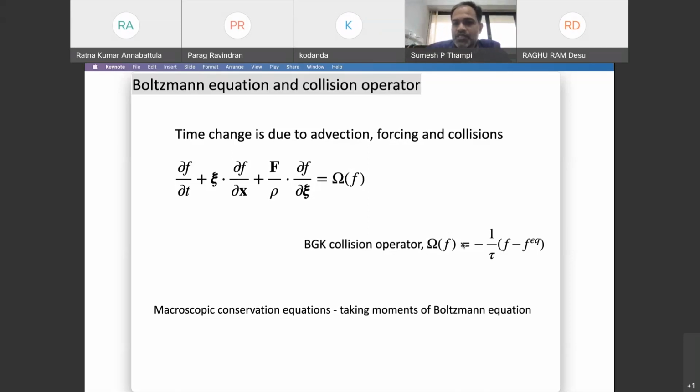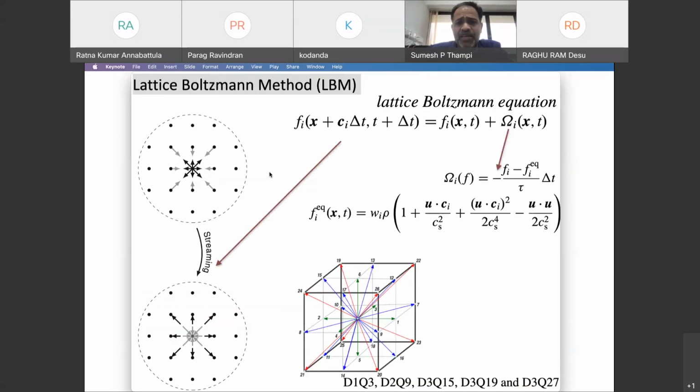You could use a simple operator. Again, I'll not go into the details, but it's known as the BGK operator, which can be used to solve the Boltzmann equation. The lattice Boltzmann equation is essentially the same Boltzmann equation, but a discretized version, and the equation looks very simple.